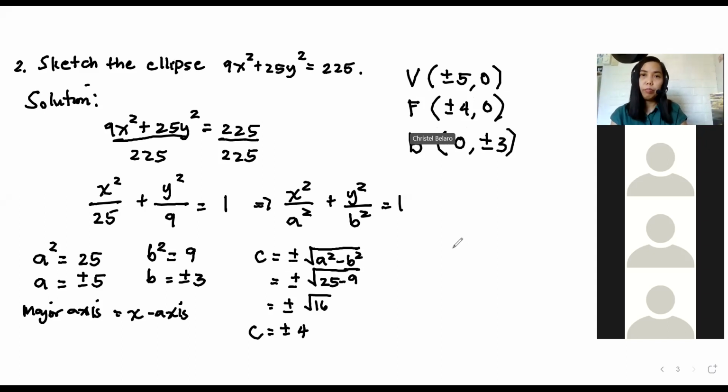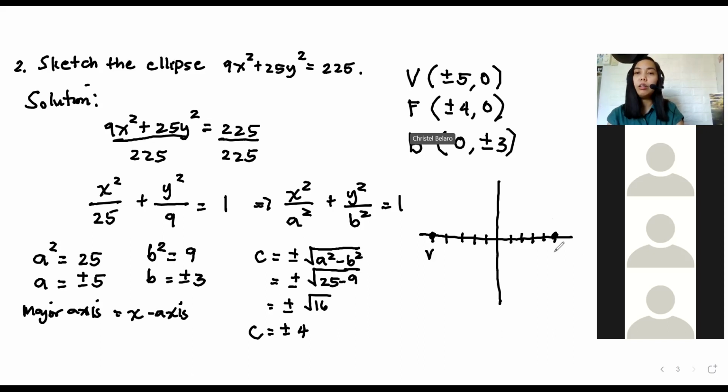Okay, and then you graph. So you'll have 1, 2, 3, 4, 5. 1, 2, 3, 4, 5. V, V prime. Foci 4 and negative 4. F, F prime.